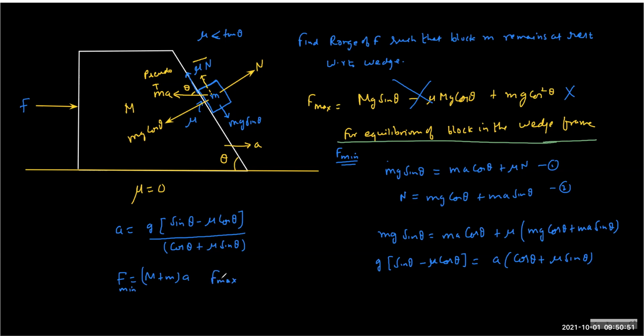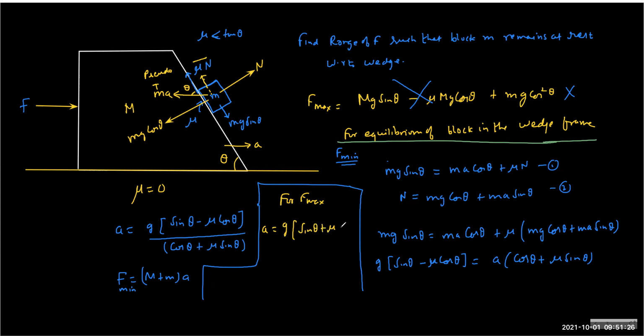Now, if you do the F max, only the sign will invert. So for F max, the acceleration will just change the sign to plus.